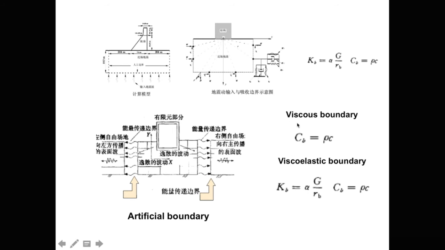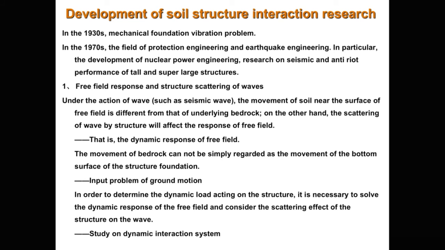This is the conclusion of the viscous coefficient. When you use viscous boundary or viscoelastic boundary, how to determine the viscous parameters with viscous coefficient and stiffness coefficient. Then let's see the development of soil in soil structure interaction research.